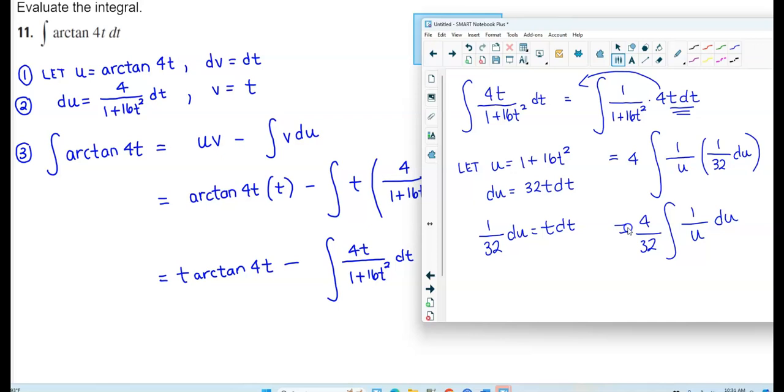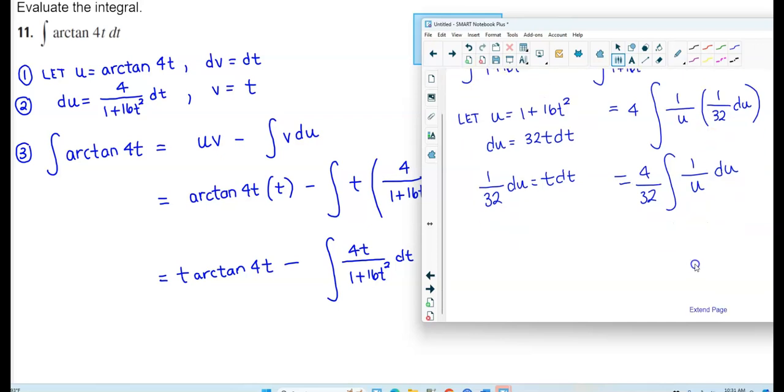Well, that gives us the natural log. So let's simplify this further. We have 1/8 times the natural log of the absolute value of u plus c. And so therefore we end up getting 1/8 times the natural log of the absolute value of 1 plus 16t squared plus c.